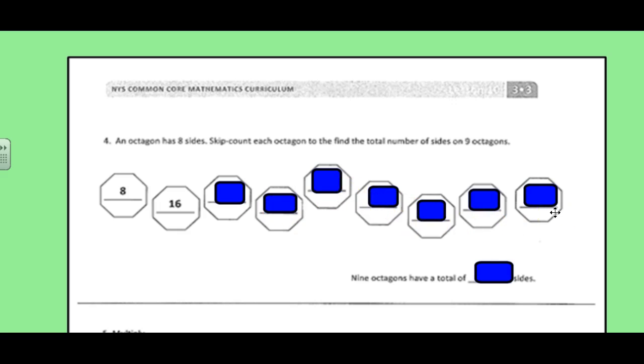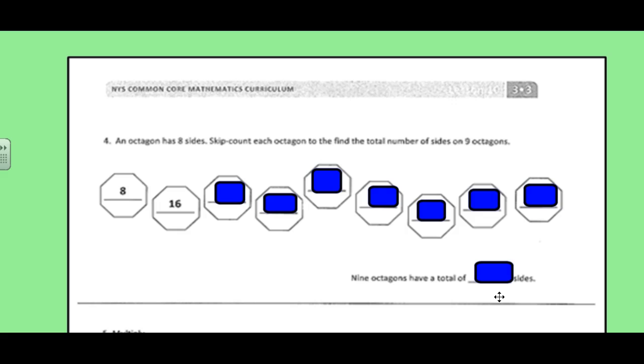So we're going to skip count each octagon to find the total number of sides on 9 octagons. They've already started the skip counting for you, so now you're going to continue skip counting by 8 until you get all the way to the end. And this number right here is going to tell you how many sides 9 octagons have.